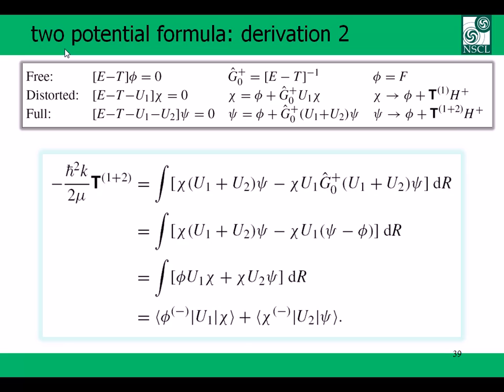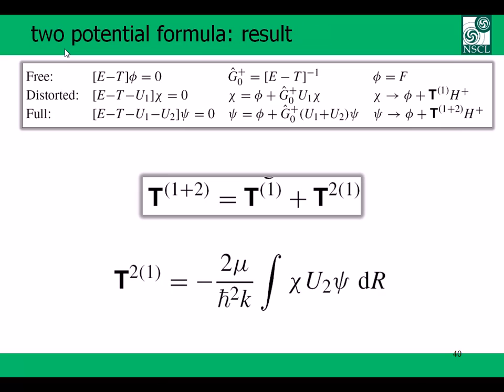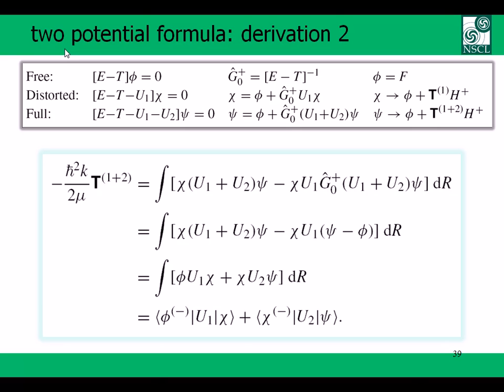Now that's kind of neat. I write it in bracket notation, and then I say, hey, these two things are actually T matrices, but they're T matrices for different processes, right? This one is the T matrix that takes me through the operation of the second interaction U2, takes me to a distorted wave, and this one takes me from this distorted wave through the operation of U1 to the free.